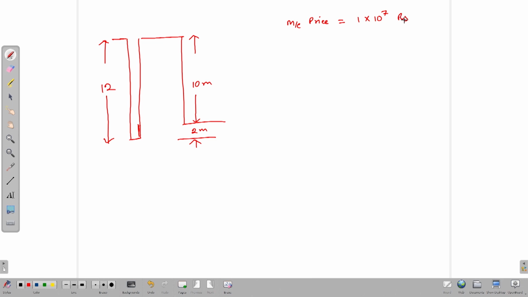It is also given that the hourly diesel consumption is 20 liter.